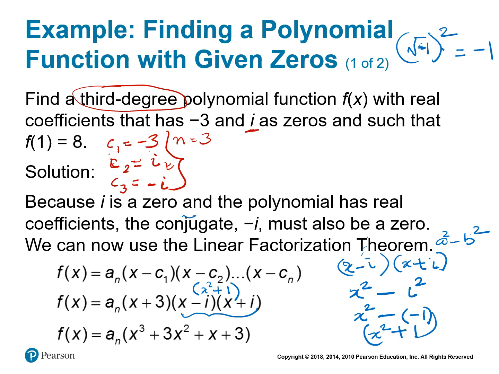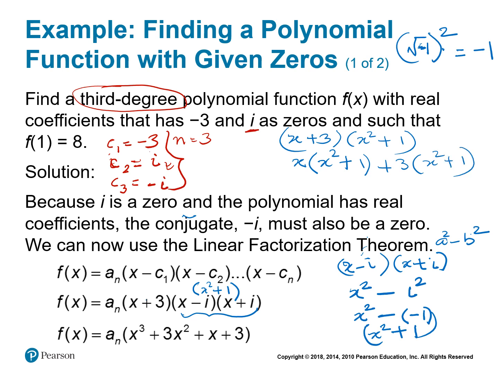So we have x plus 3 times x squared plus 1. I'm going to write out the FOIL, all right? So x times x squared plus 1 plus 3 times x squared plus 1.